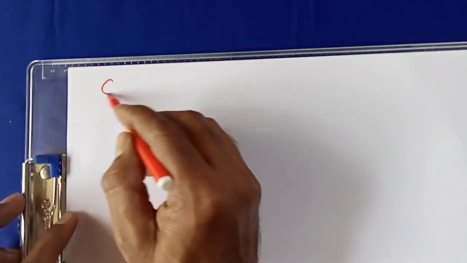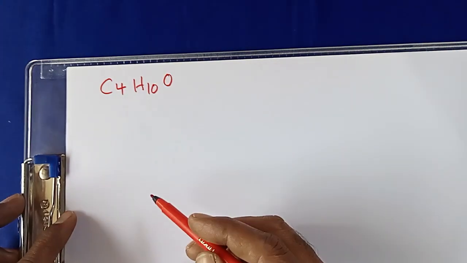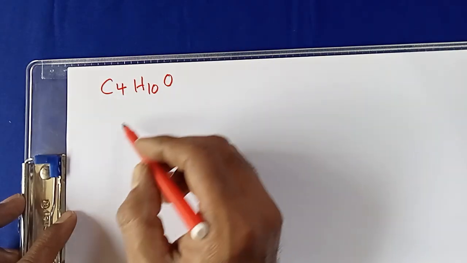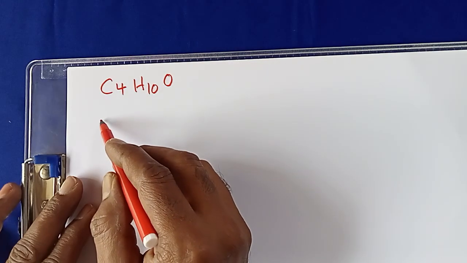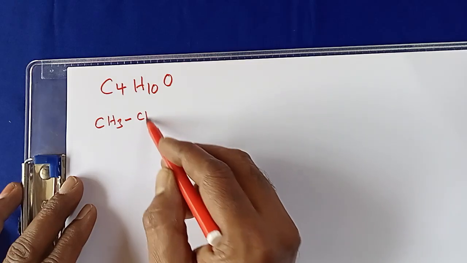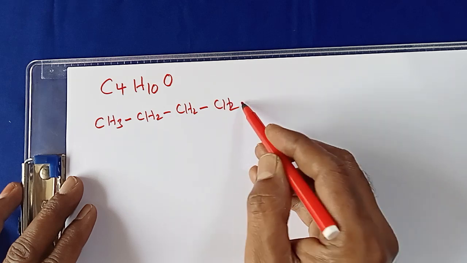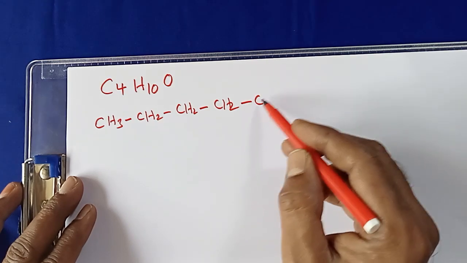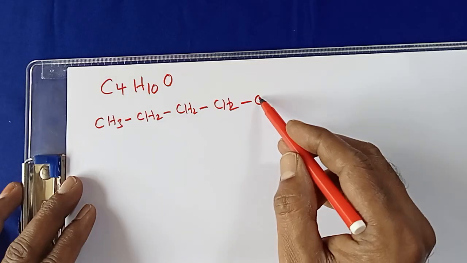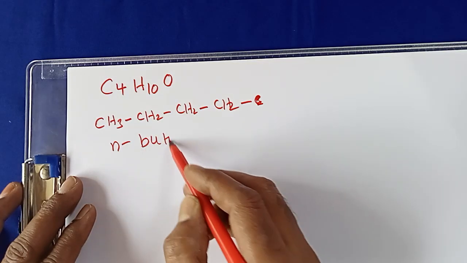What molecular formula can I explain? C4H10O. Now how many alkyl groups are possible with 4 carbons? 4 alkyl groups. One is CH3, CH2, CH2, again CH2 group. This is N-butyl group.